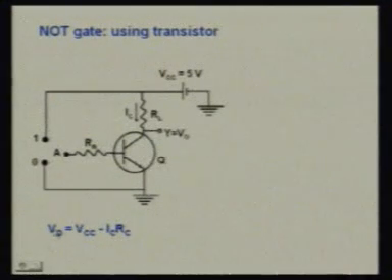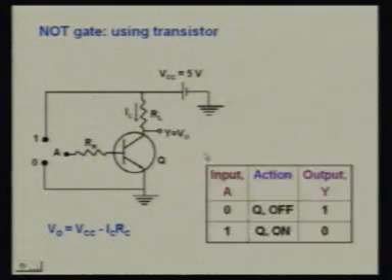When A is in the 0 state, we may have a condition that VBE is less than V gamma, so this transistor Q will be in the off condition, there will not be any current and the whole voltage will appear at this output Y, because if IC is equal to 0, then VO will be equal to VCC. So we can just draw the truth table for the NOT gate.